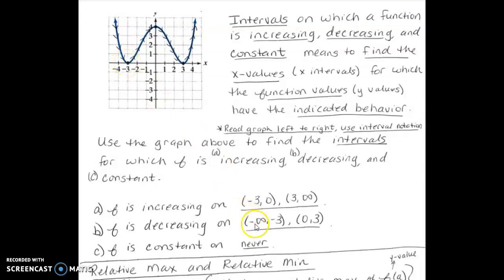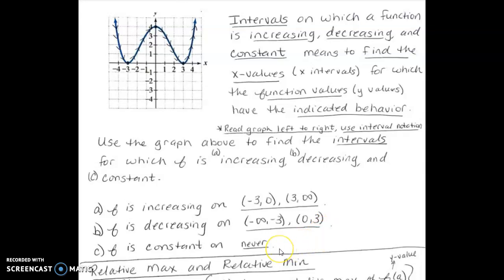So for x between -infinity and -3, the behavior is decrease. Then again, once I got to here, this was x value 0, remember, decreasing behavior until I get to the x value of 3. So between the x values of 0 and 3, we see decreasing.